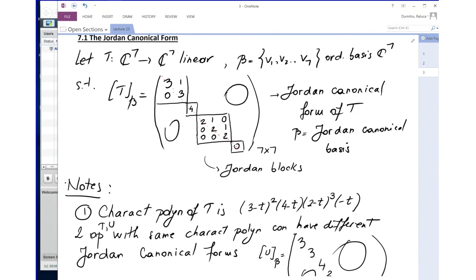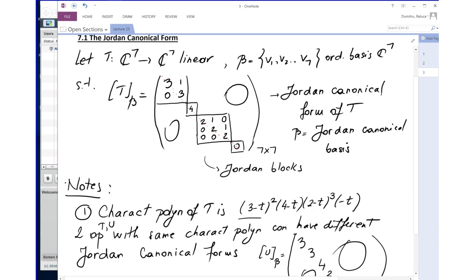So v3 is an eigenvector, v4 is an eigenvector, and there is one more. It's not 2, it's not 5, it's not 6, it's going to be 7. T of v7 is what? 0, but that's 0 times v7. It's an eigenvector corresponding to the eigenvalue 0.